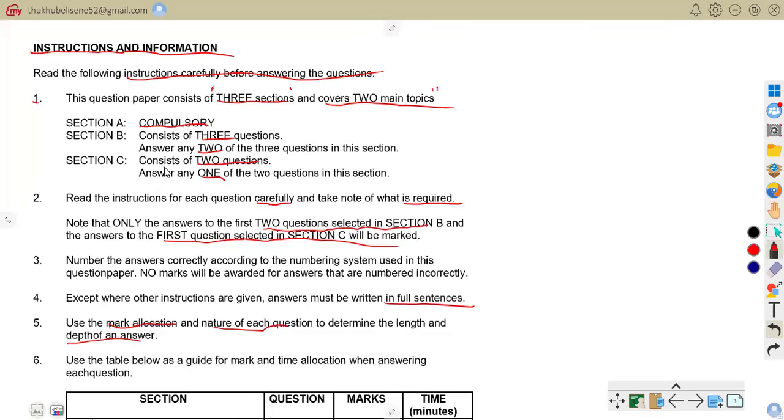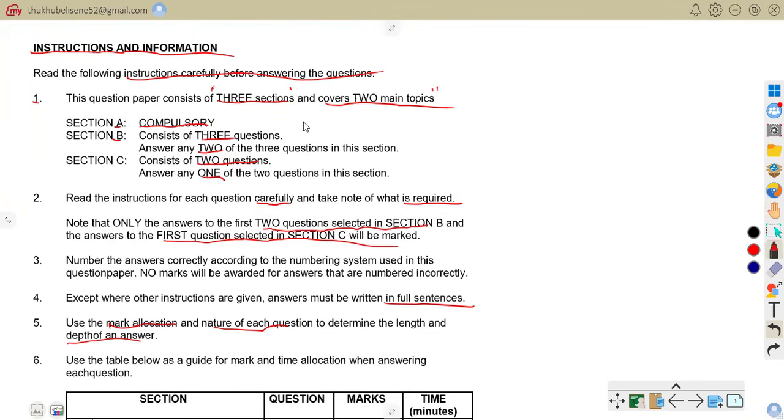Section A is compulsory, so it is a must for us to attend to Section A. Section B consists of 3 questions. Answer any 2 questions of the 3 questions in this section.